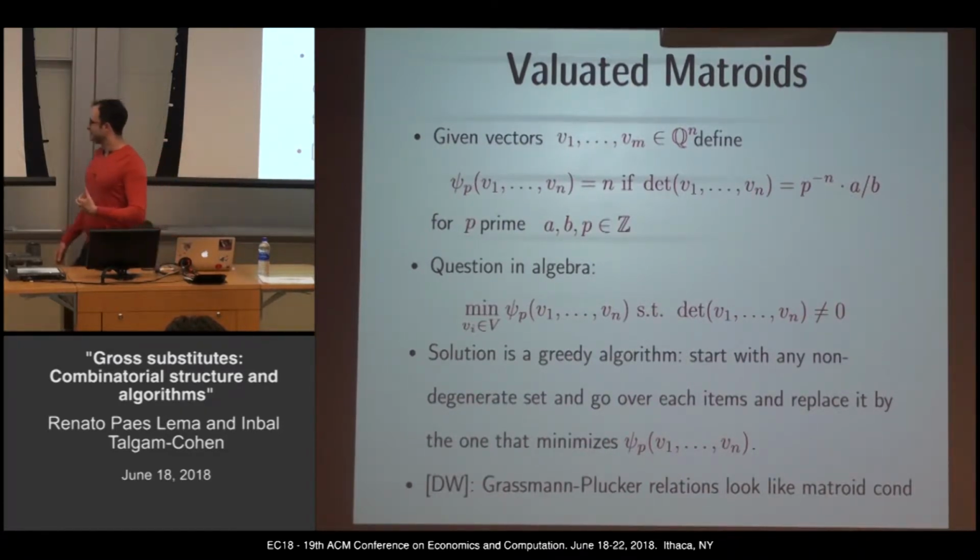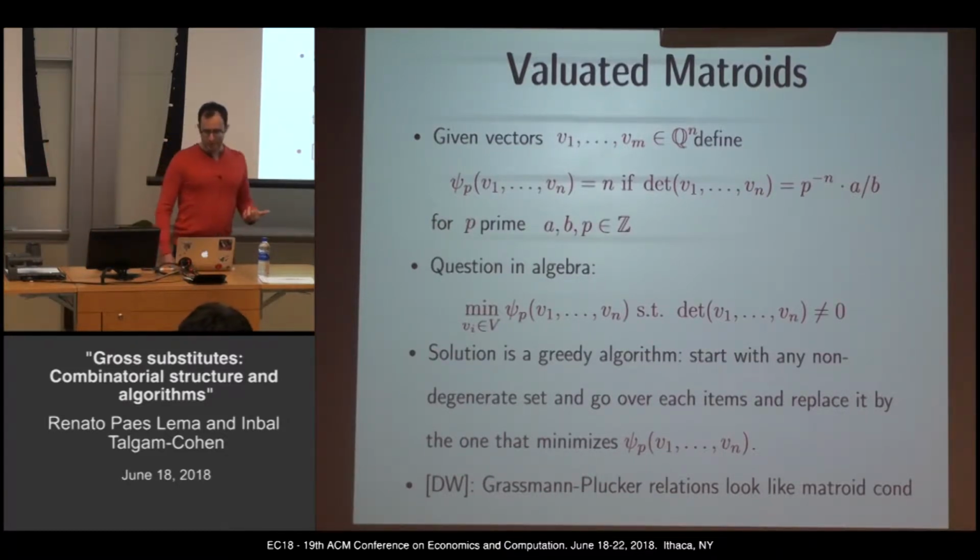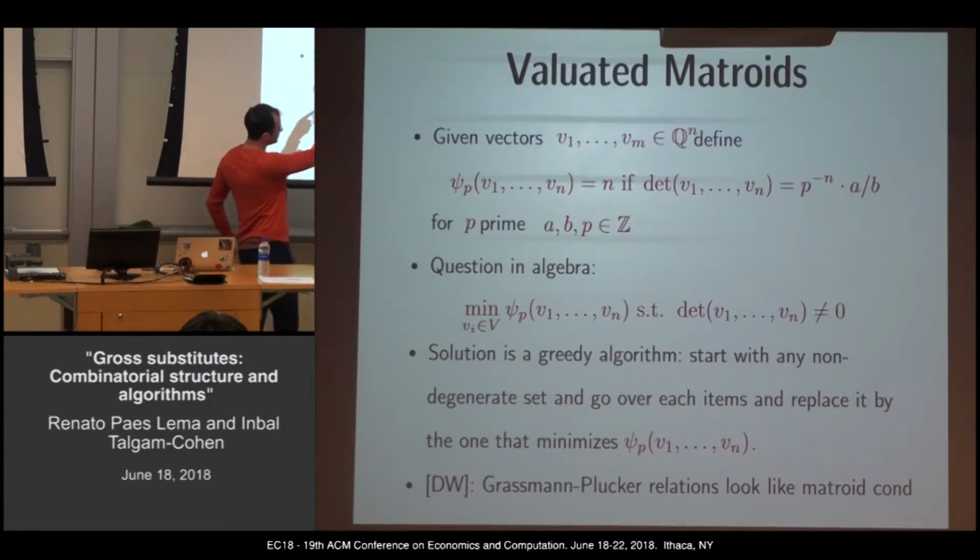Now, a different problem, different context. This is like Dress and Wenzel. They were studying this problem in number theory. There are some vectors in Q^n, where Q is the rationals. They were looking at this question in algebra and number theory: given n vectors, you say its value is n if the determinant of the matrix with these vectors as columns is p to the minus n times a over b.